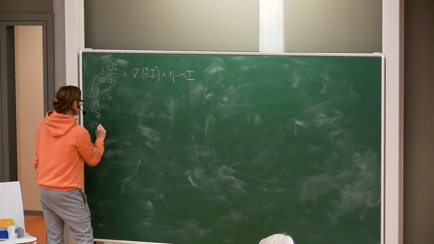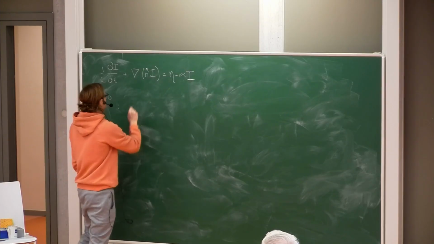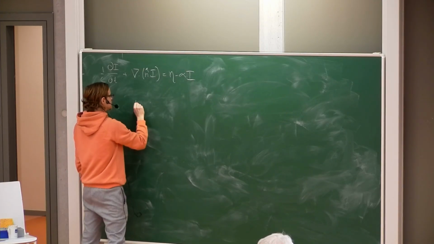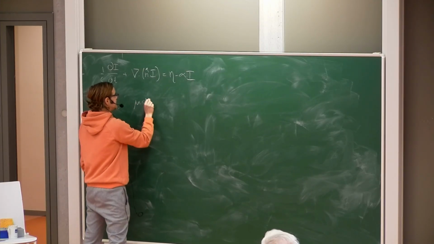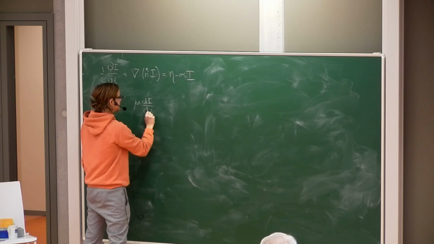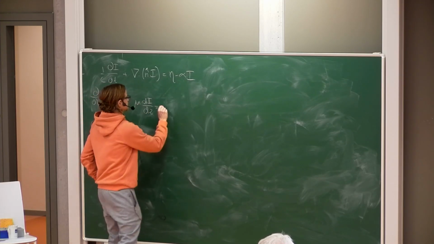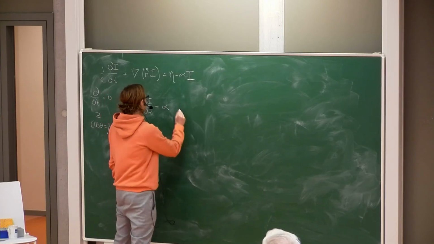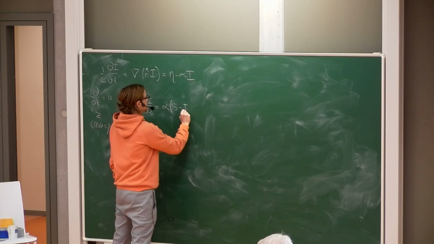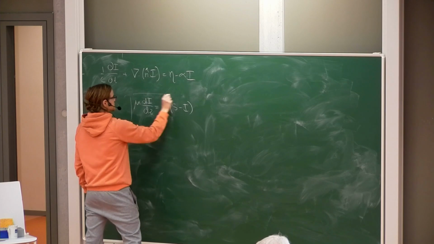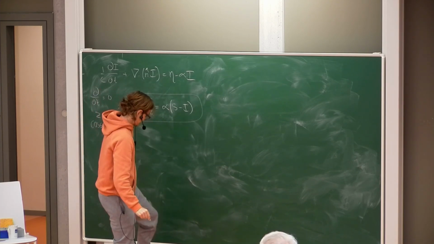We know that cosine of theta here is mu, so then we can just write this out as mu dI/dz equals, and then we formulated this in terms of the source function, alpha times S minus I. So here's our transport equation, yes?